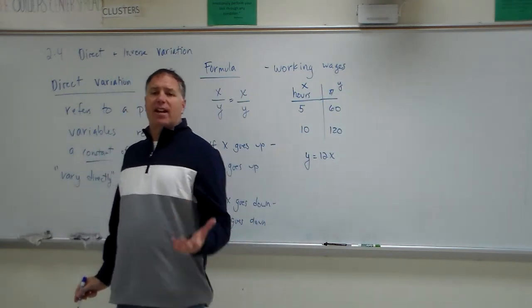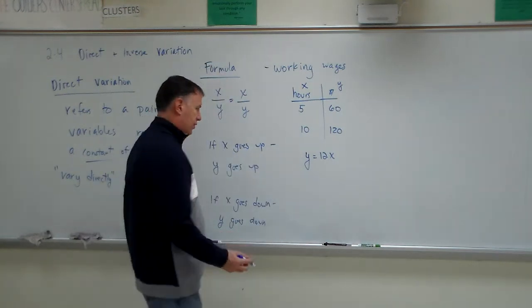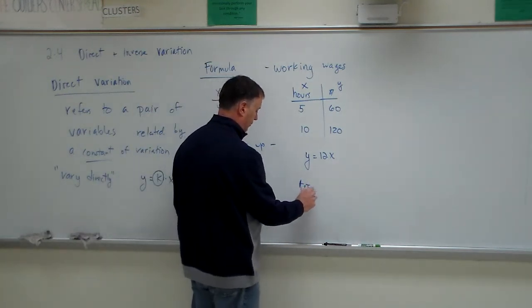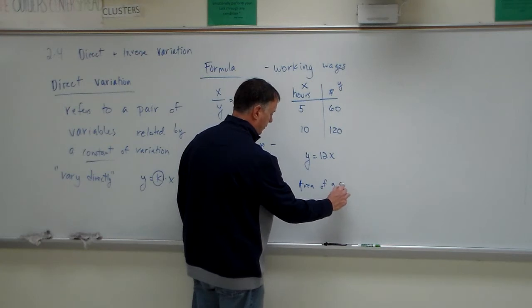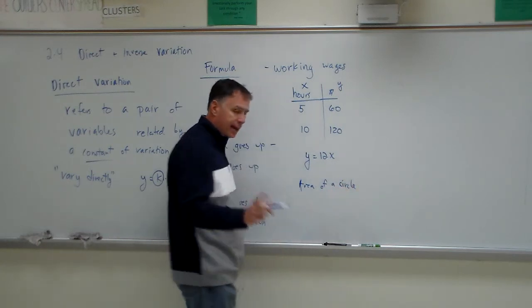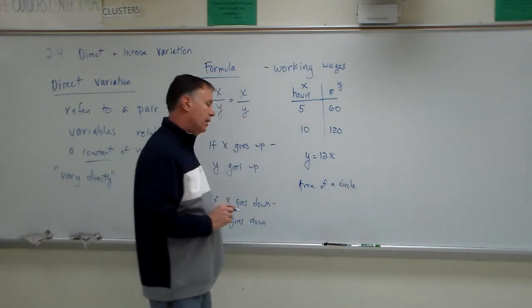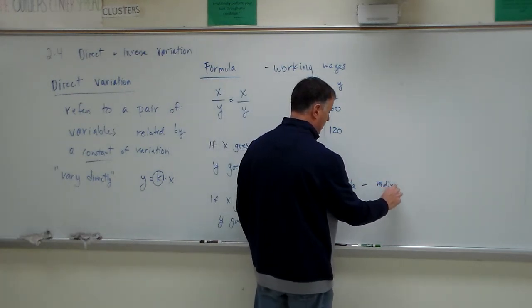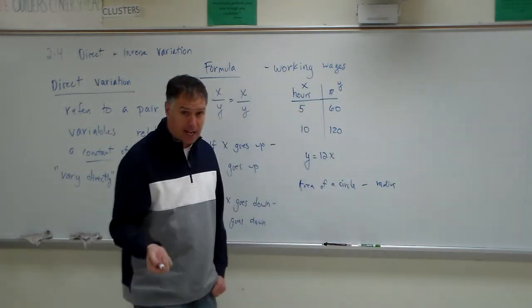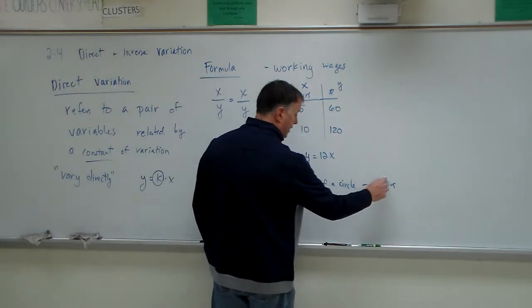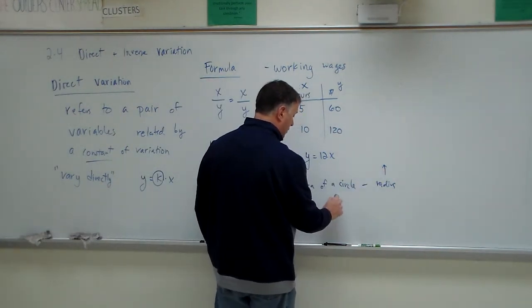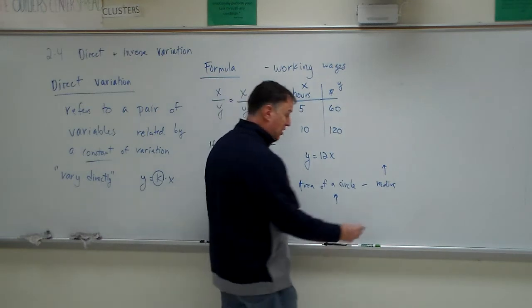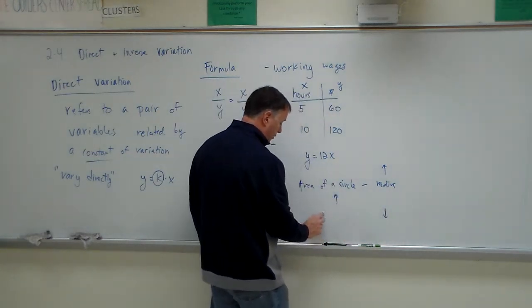If I had area of a circle and the radius, these two things are directly related. As the radius goes up, the area goes up. If the radius goes down, the area goes down.